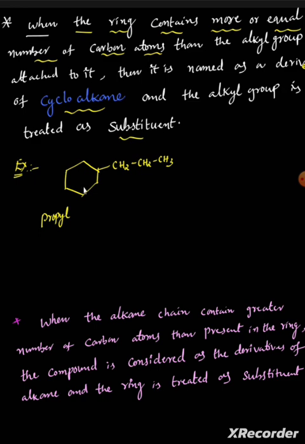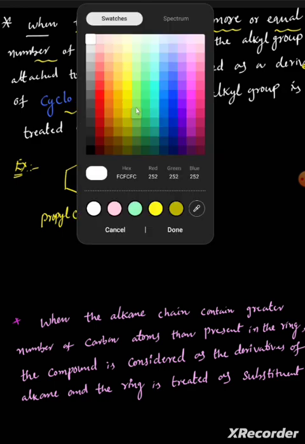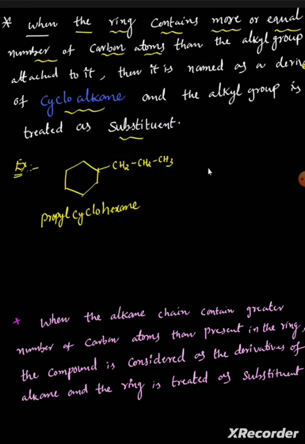This is propylcyclohexane. Next, another example: this cyclopropane having the same CH2 CH3.